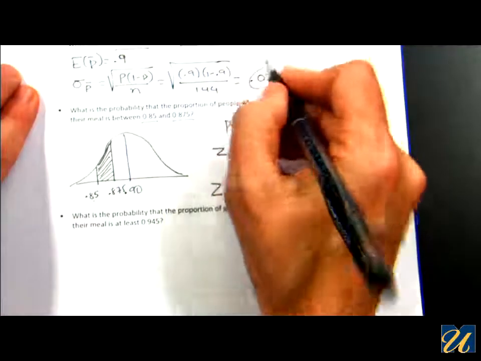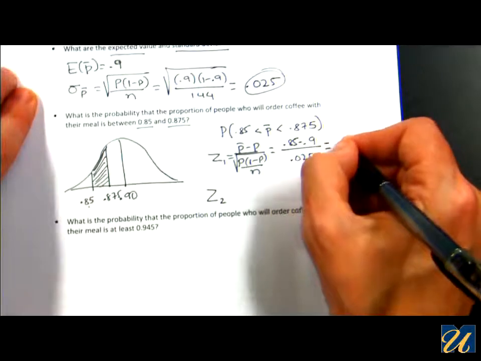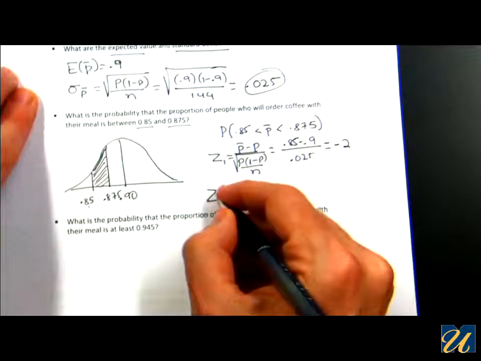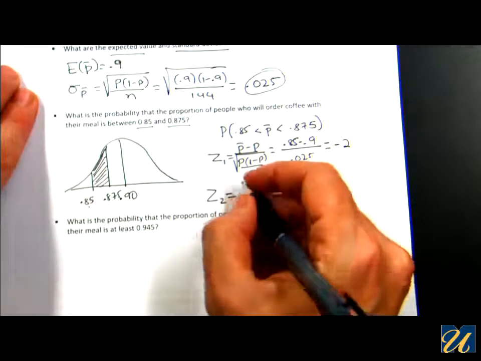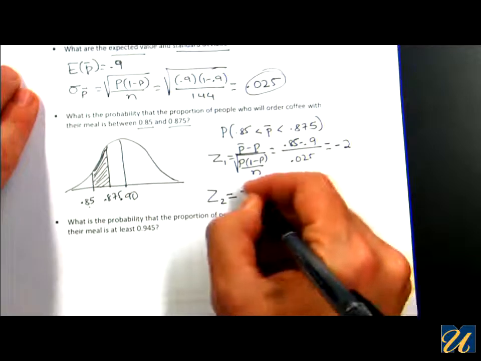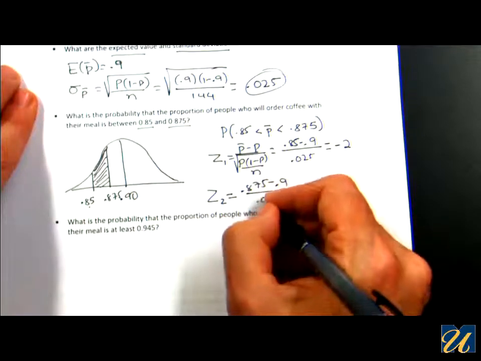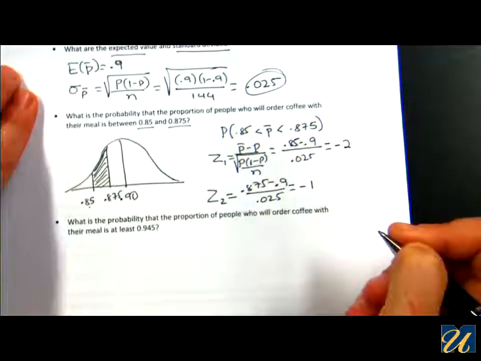We already have that answer. So this will be equal to -2. And for the second z-score, we will do 0.875 minus 0.9 over 0.025, and this will be -1.